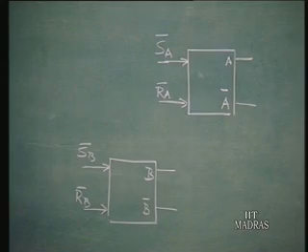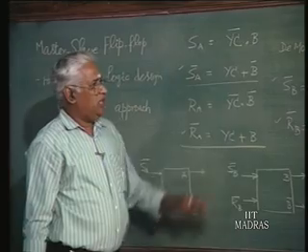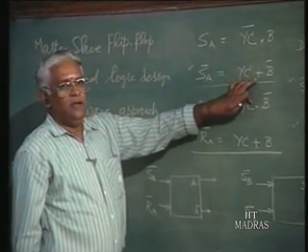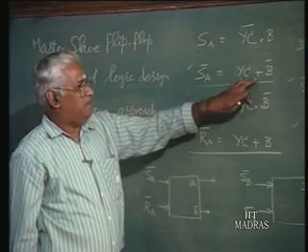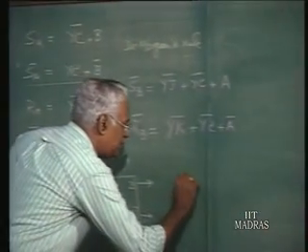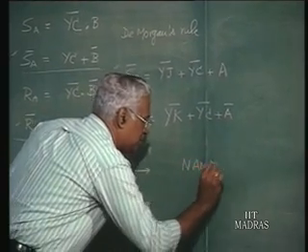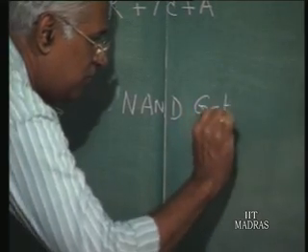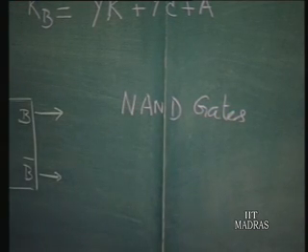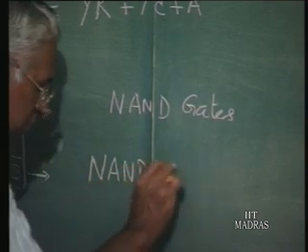Now, how do you proceed implementing this? This, as you can see, is an OR circuit. Now, let us assume that we will make use of NAND gates and implement the whole thing. Now, you must recall what is known as NAND circuit synthesis. How do you do that?